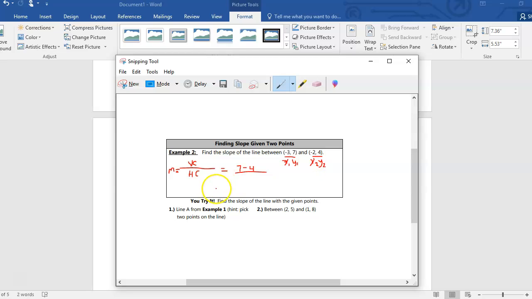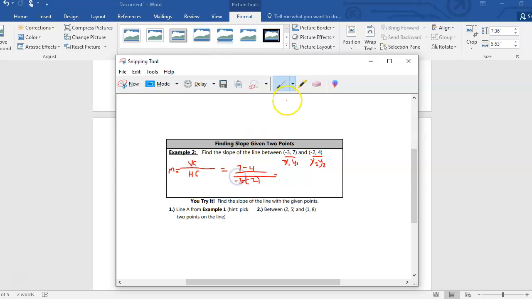So in the denominator, I have -3 minus -2, so that's a double negative. So what is that?